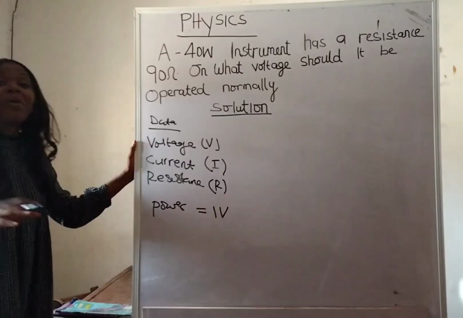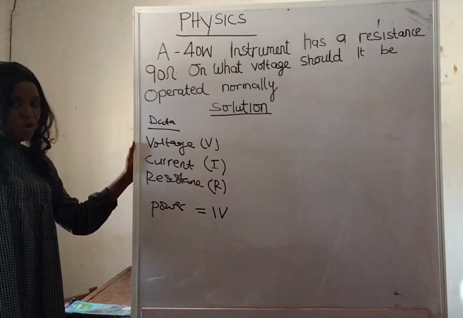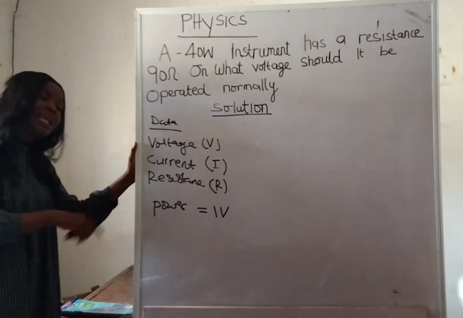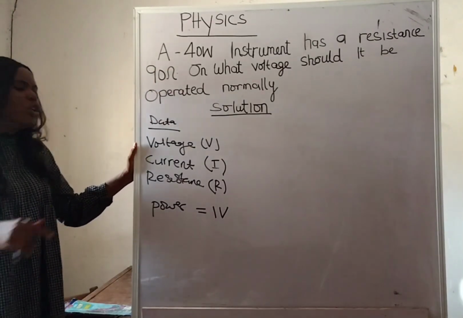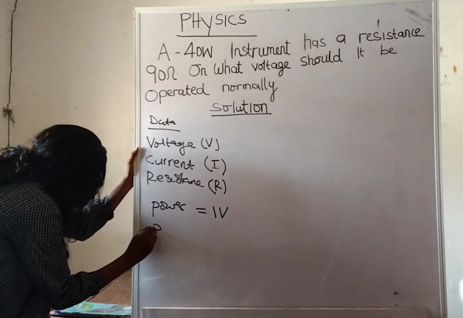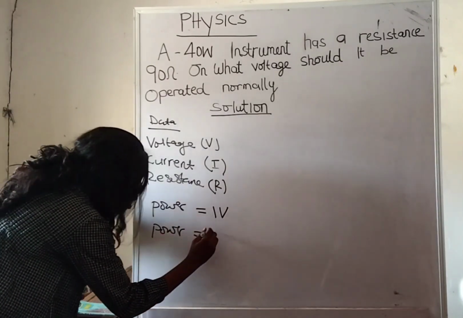I always tell my students, there is more than one formula for solving problems in physics. The formula you choose depends on the data given to you. So power is still equal to what?